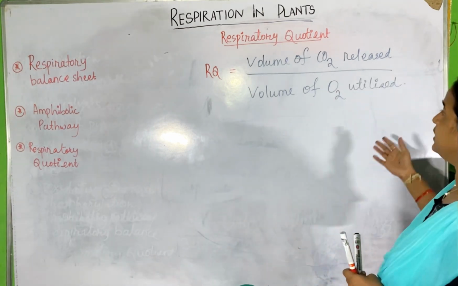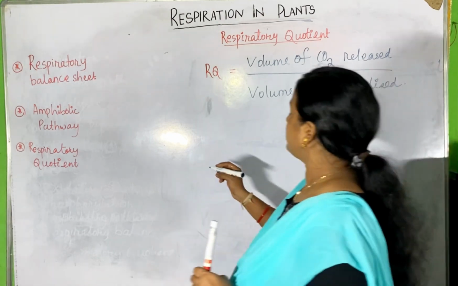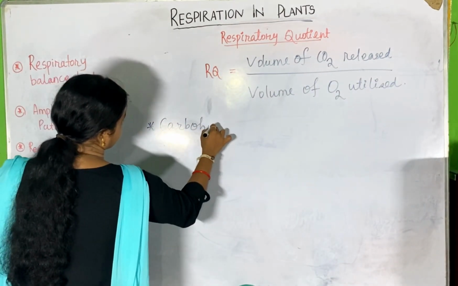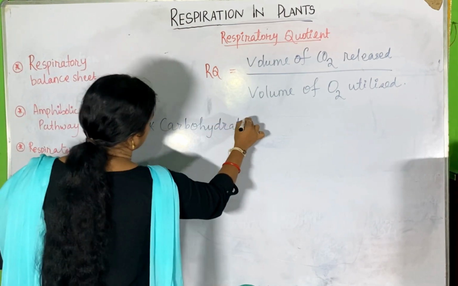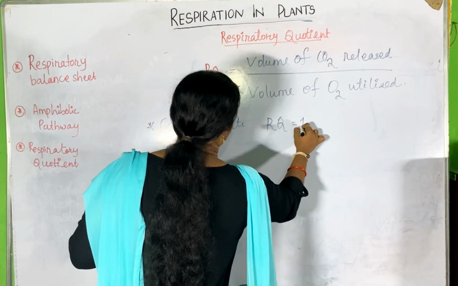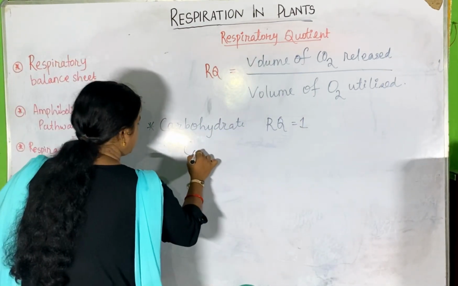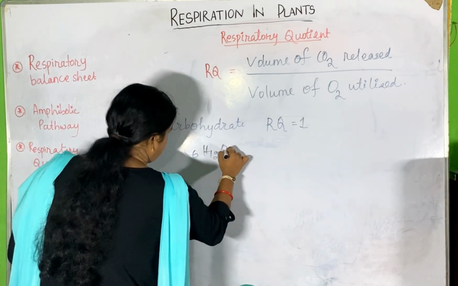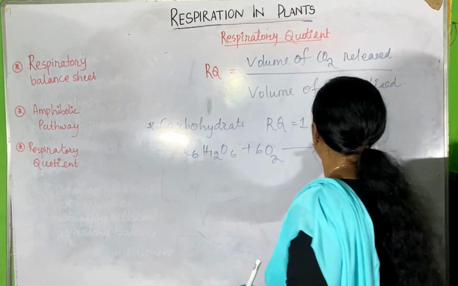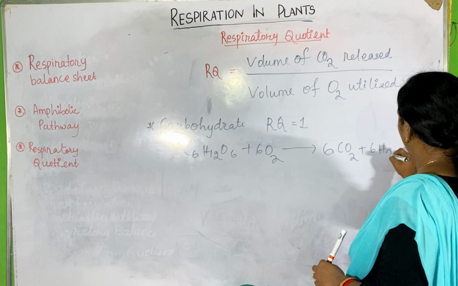It can be different for different respiratory substrates. Like for the carbohydrate, the respiratory quotient is 1. How will we calculate here? In the carbohydrate, that is glucose plus 6O2, it will give rise to 6CO2 plus 6H2O and energy.